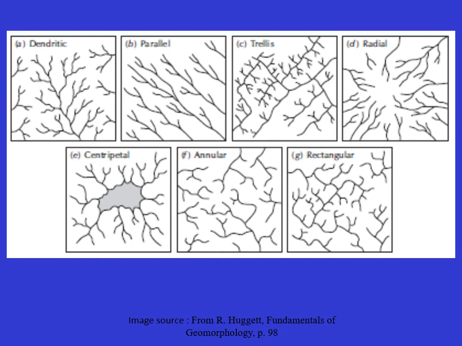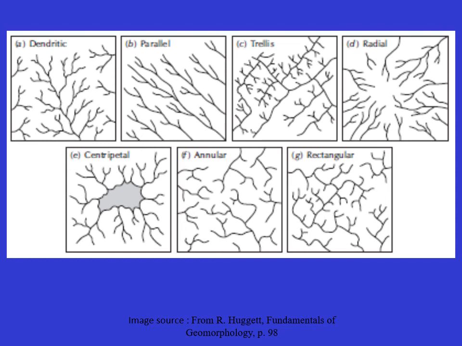It is mostly found on uniformly resistant strata, unconsolidated sediments, or homogeneous igneous or metamorphic rocks. In homogeneous country rocks, you will find this kind of drainage pattern.